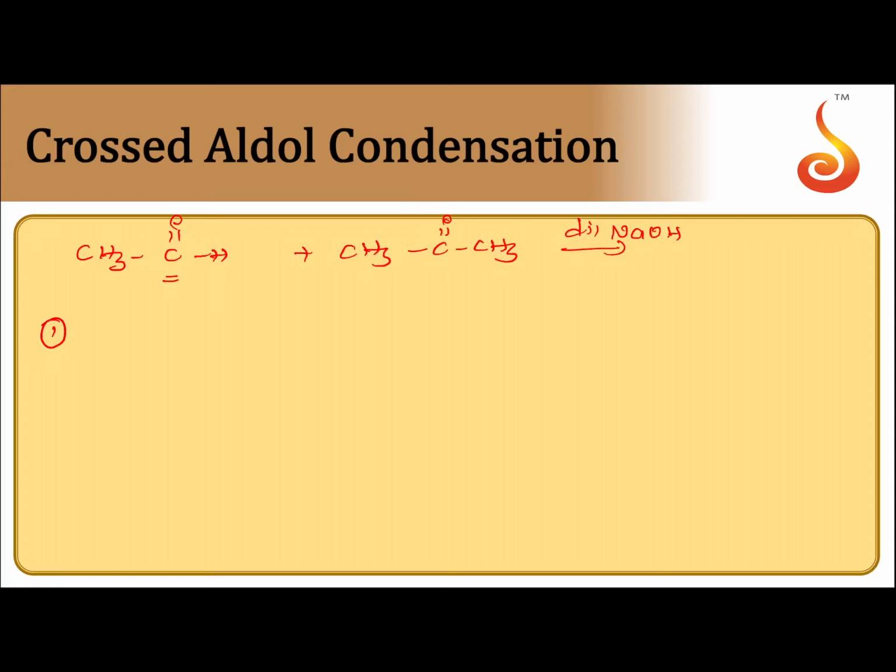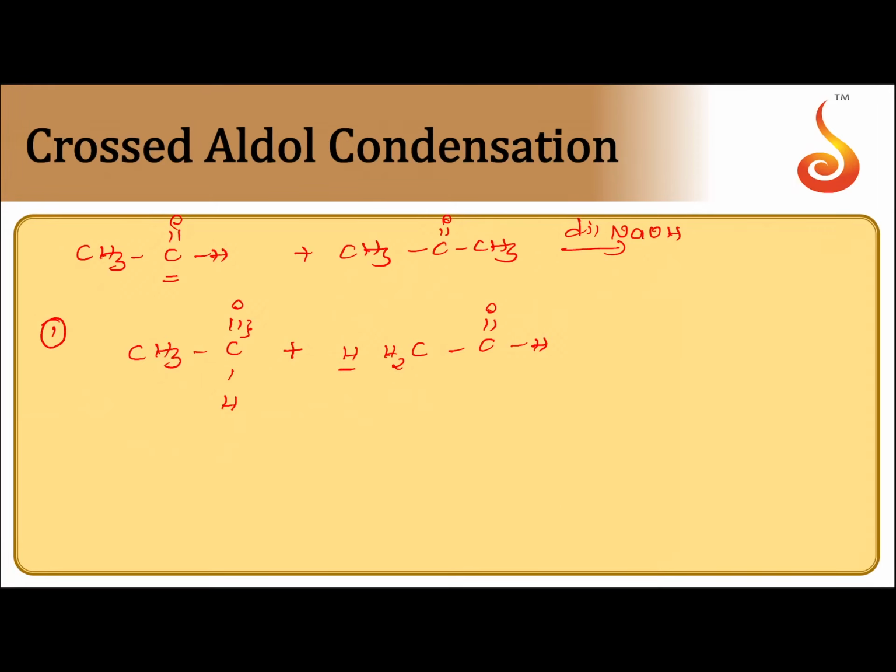Now let us see the first product obtained. Let us suppose that only the aldehyde undergoes aldol condensation, CH3CHO. I am teaching you one shortcut here. Write one aldehyde like this and the other aldehyde like this, separating the alpha hydrogen atom.